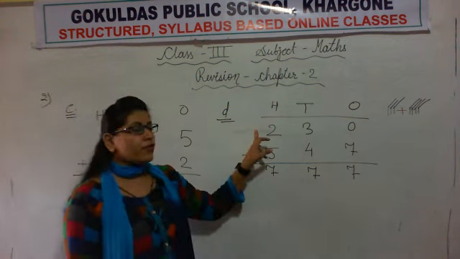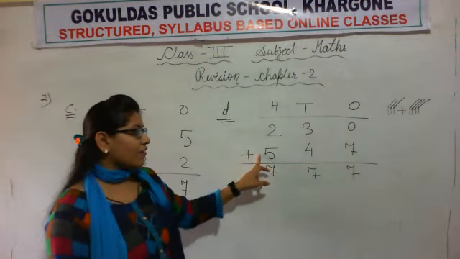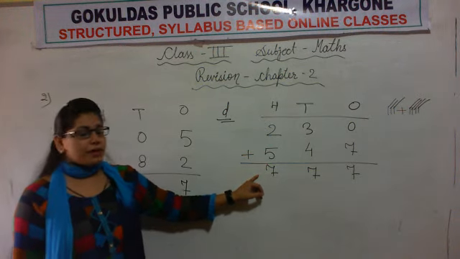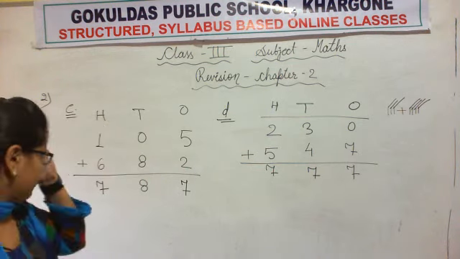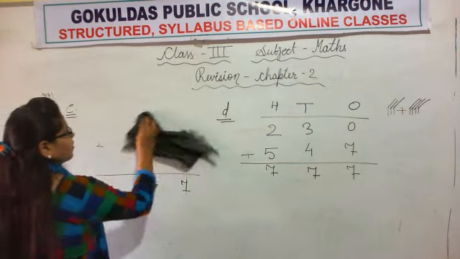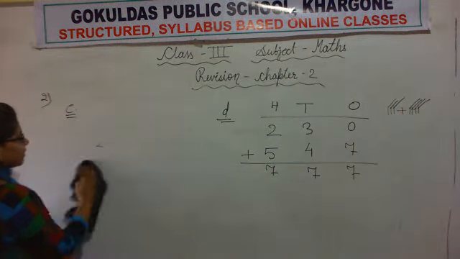Now first addend was 230, second addend 547, and the sum is 777. Now try to do part E, then let us check your answer with mine.